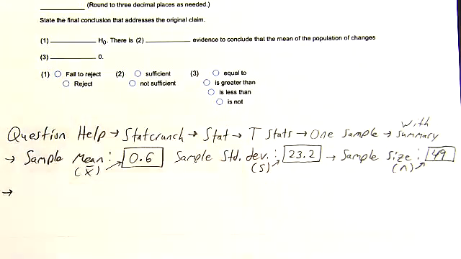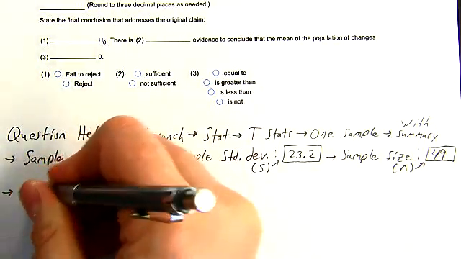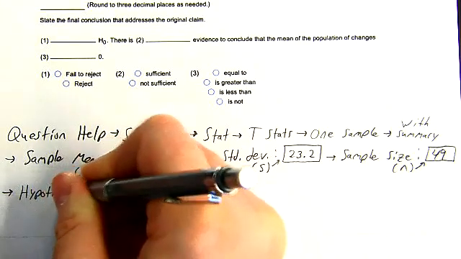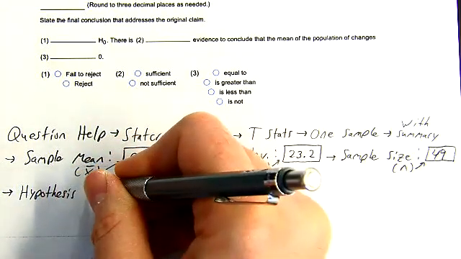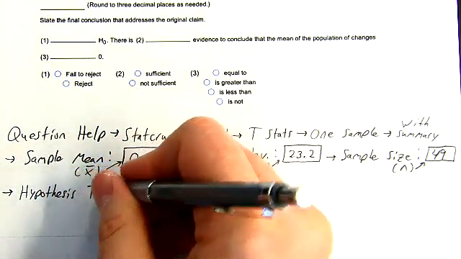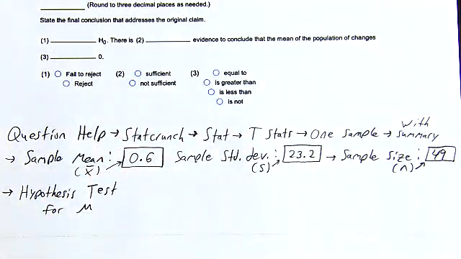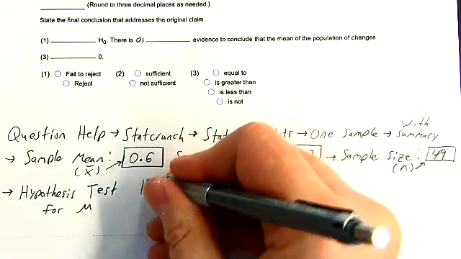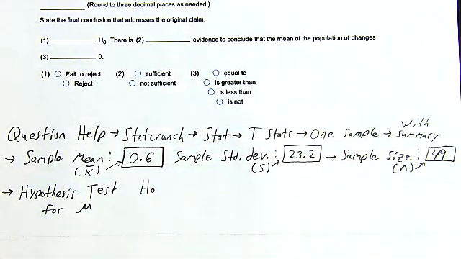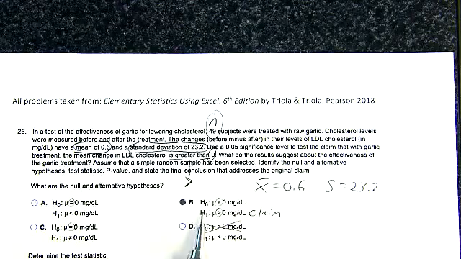Okay, then there'll be a little section that says hypothesis test for mu, the population mean. And in that, you have to just get it to match what your answer was for part A. So we have to make it look just like this. Mu equals 0, mu bigger than 0.